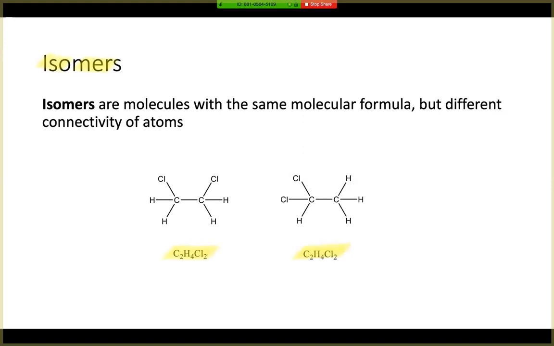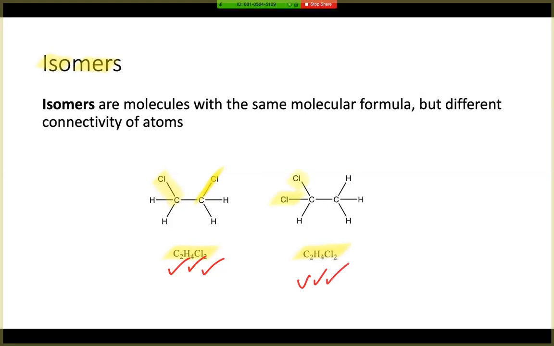So if I take a look at this first molecule, I can see the chlorines are attached to 2 different carbons, right? I must make sure I've used up all of my atoms. I got 2 chlorines, I got 1, 2, 3, 4 hydrogens, and then 2 carbons, so I'm in good shape. If I compare that to the second structure, I got 2 carbons, I got 4 hydrogens, yep, and then 2 chlorines, I'm in good shape.